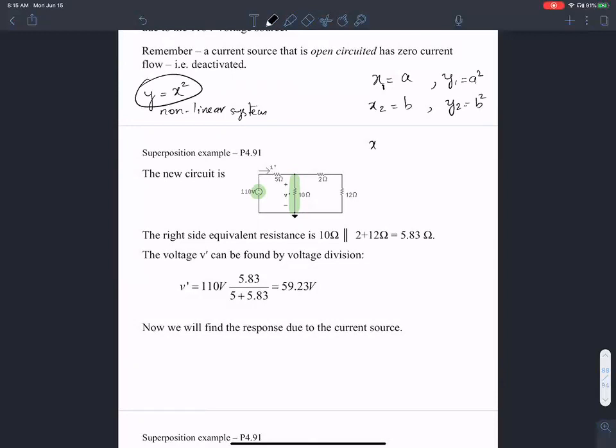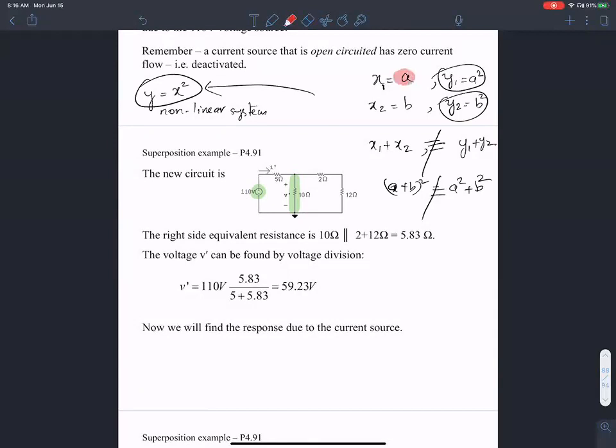Now, if I were to add x1 plus x2, then the response is not y1 plus y2, because the response of the system is a plus b the whole square, which is not equal to y1 plus y2. So it is not possible in non-linear systems.